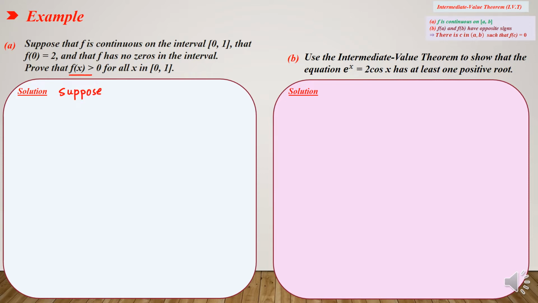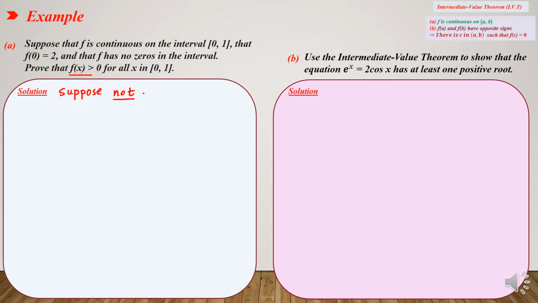Suppose not means we have two cases, because you want to prove that f of x is greater than 0. The converse of this statement is two statements. The first one is f of x equals 0, and the second one is f of x is less than 0.